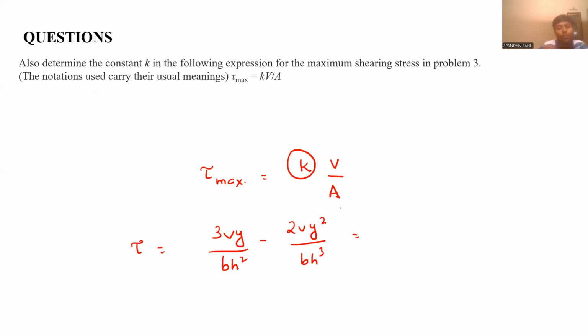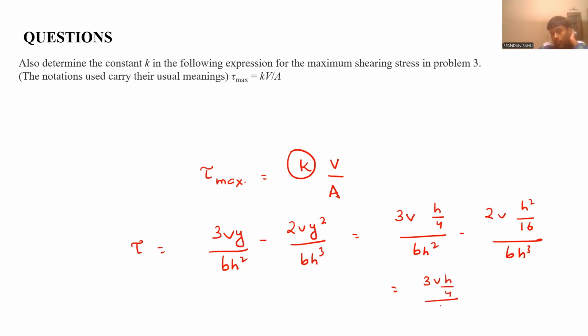Now at the place of y, put h by 4. So 3V h by 4 upon bh square minus 2V h square upon 16 by bh cube. So just simplify and get me the value of what we are getting.